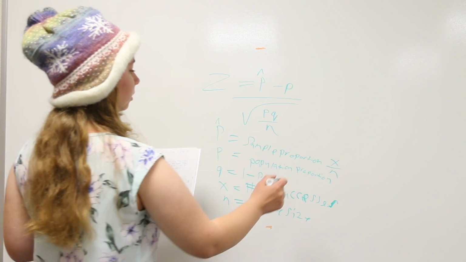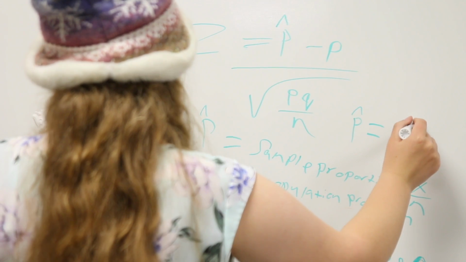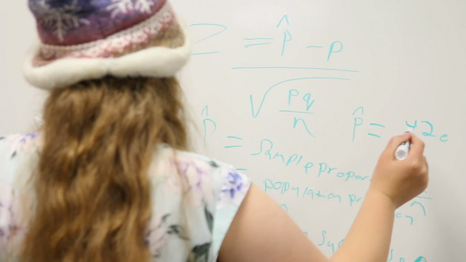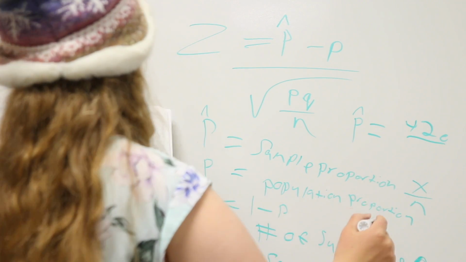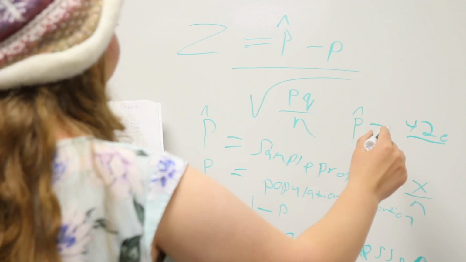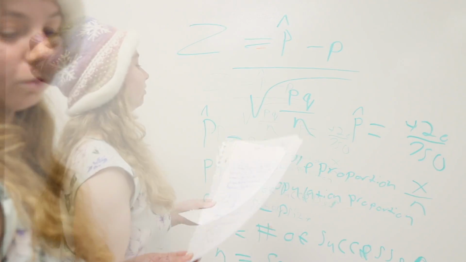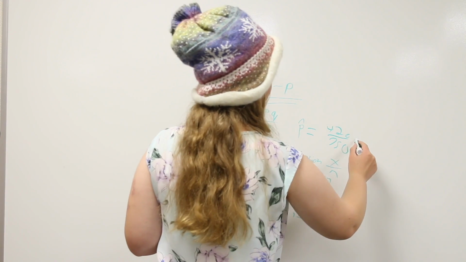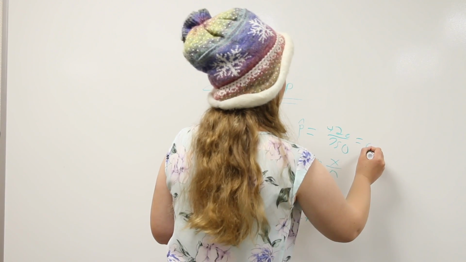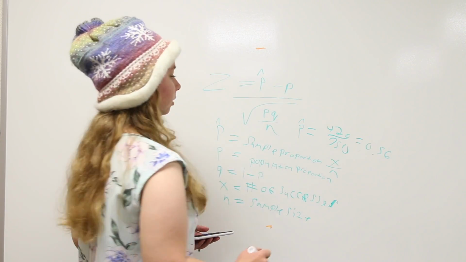Our p hat will actually equal 420 divided by 750, because remember, there was 420 colts, 750 foals total. And that will equal 0.56.